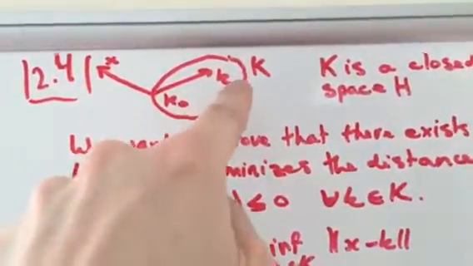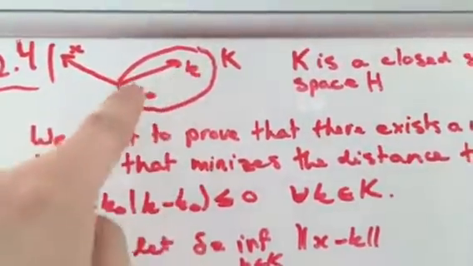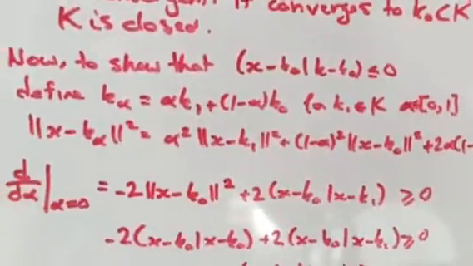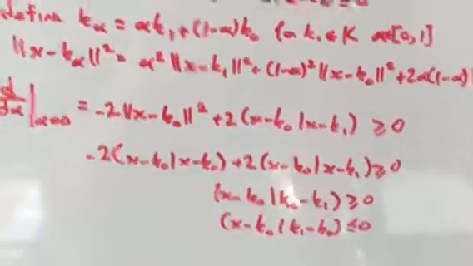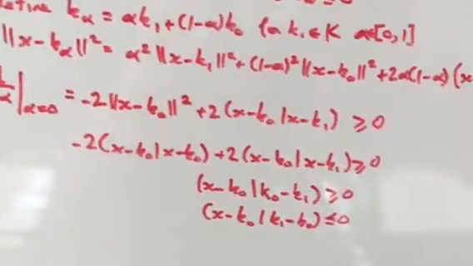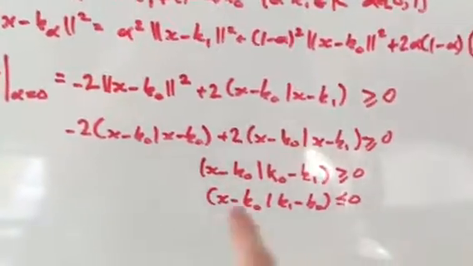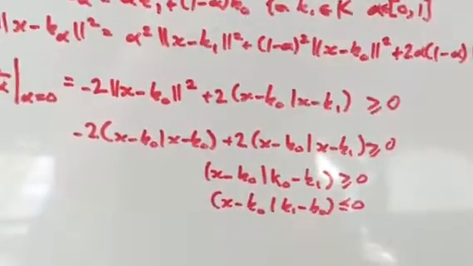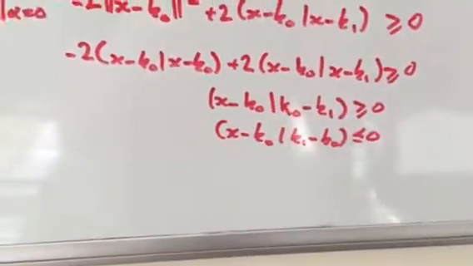And if this is my k1, as I increase alpha, I'm just moving toward k1 and away from k0. So it must be the case that I'm increasing the distance between x and whatever point I'm interpolating. That's why I'm able to make the argument that this has to be greater than or equal to 0. And then it's just a matter of doing some algebra here, and after I go through this, I end up showing that I have the desired inequality here. And that is proof 2.4.